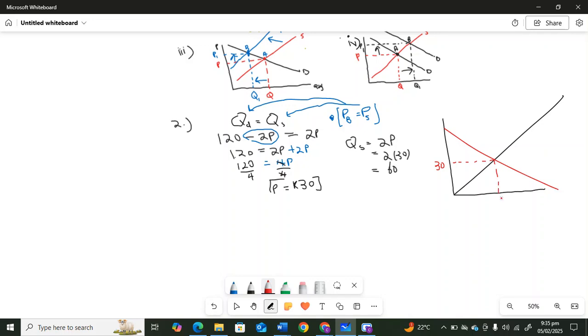Thirty is the equilibrium price, and 60 units is the equilibrium quantity. We can go to part two.